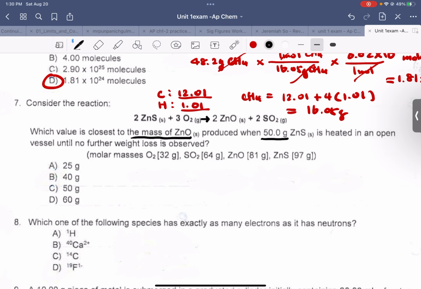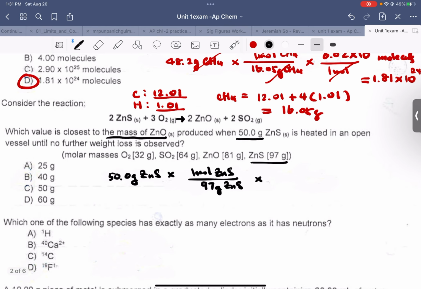You start from 50.0 gram zinc sulfide times, so I need to know how many moles of this one. They gave you that zinc sulfide is 97 gram per mole, right? So one mole of zinc sulfide is 97 gram, times the ratio they gave you.